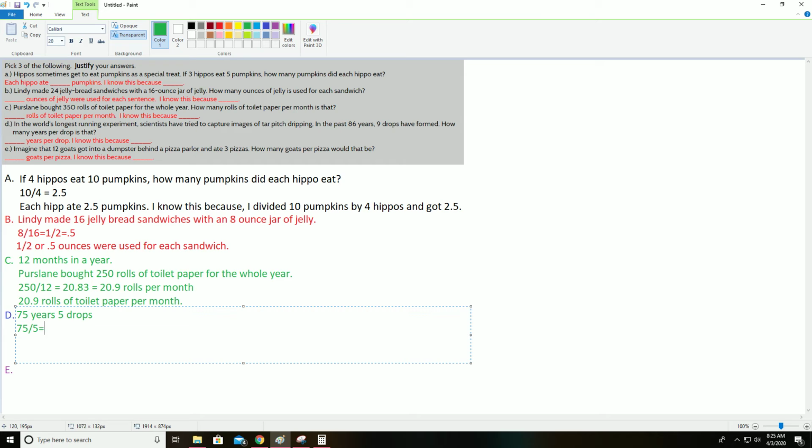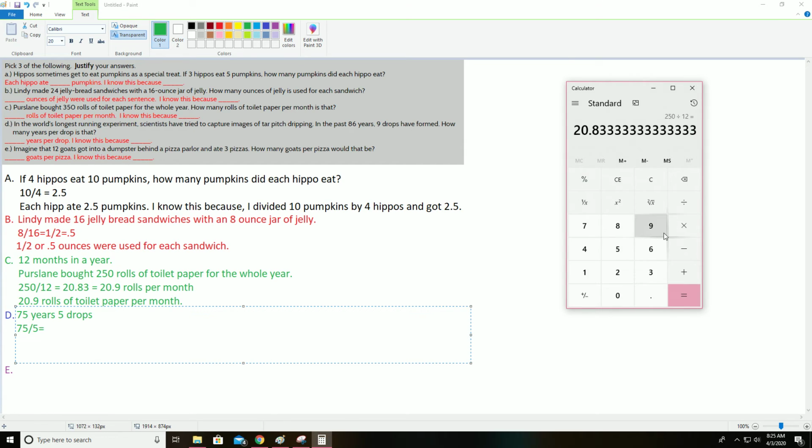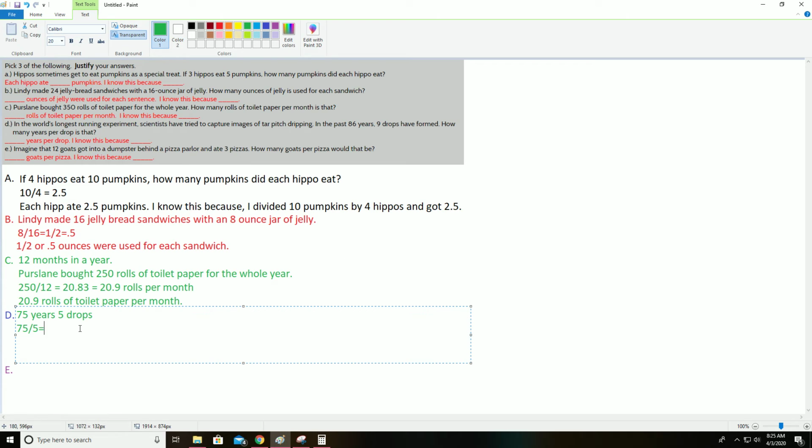So if we do that, 75 divided by 5, 15 years per one drop. Or you could just say 15 years per drop. Either way. So then you could go down here and say 15 years per drop.